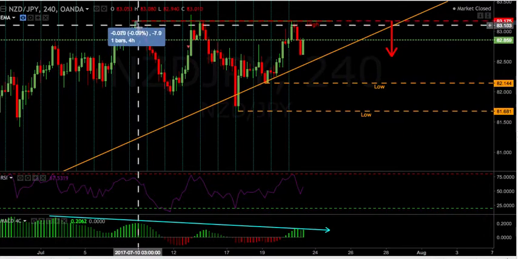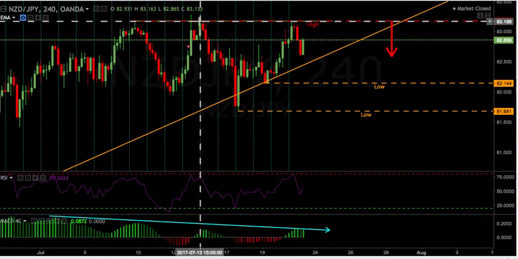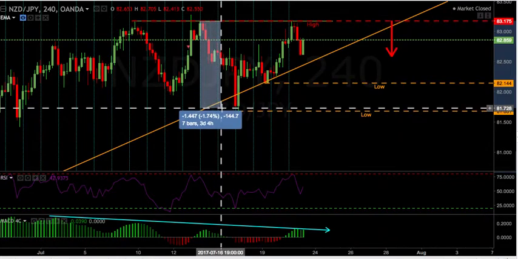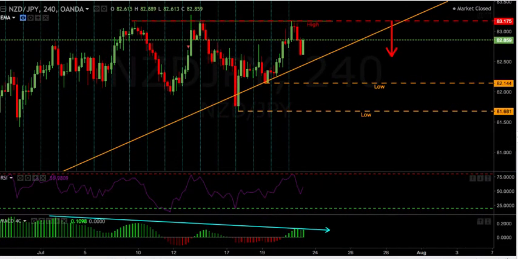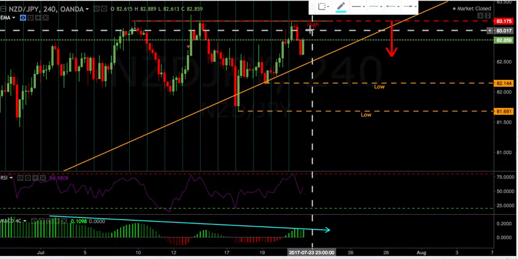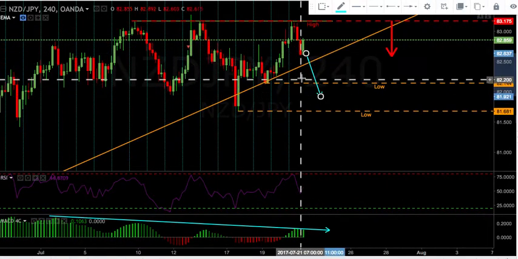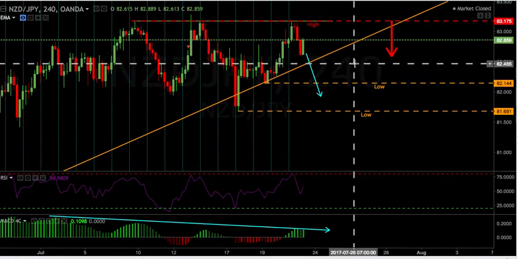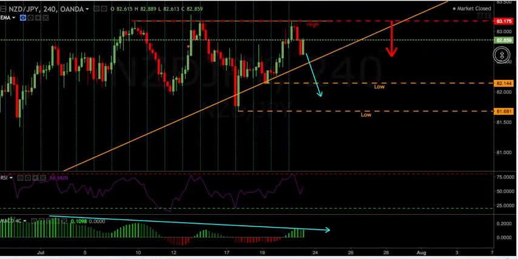So let's see, how far did we go down this time? First time, 123 pips. Second time, 145 pips. And this time, I'm thinking we're coming out of this pattern and start heading south. Okay, so we have to see once price breaks these lows.